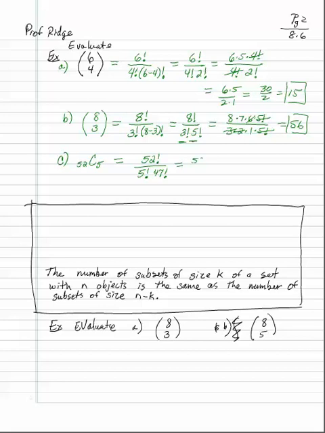So 52 times 51 times 50 times 49 times 48, then the 47 factorial cancels the 47 factorial on the bottom. And then I have 5 times 4 times 3 times 2 times 1. Punch that all in my calculator, and I should get 2,598,960.